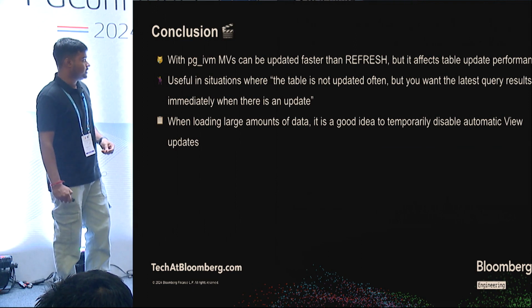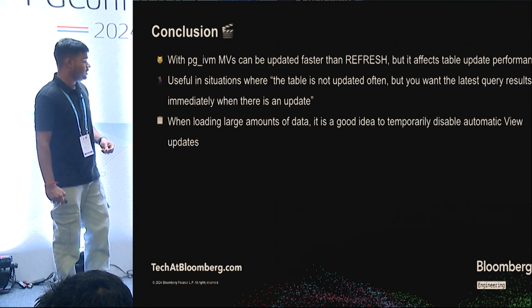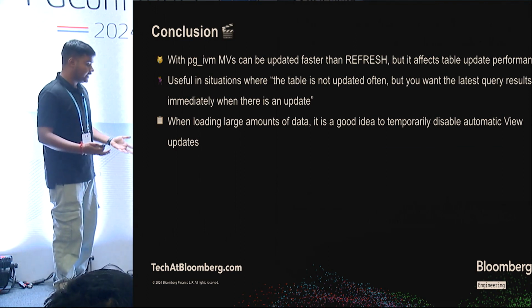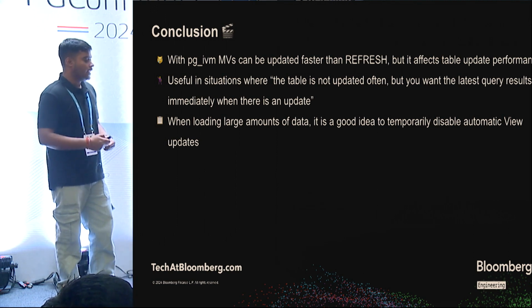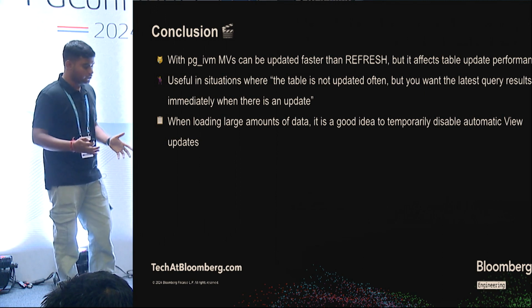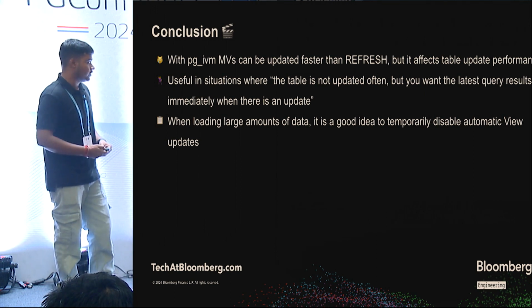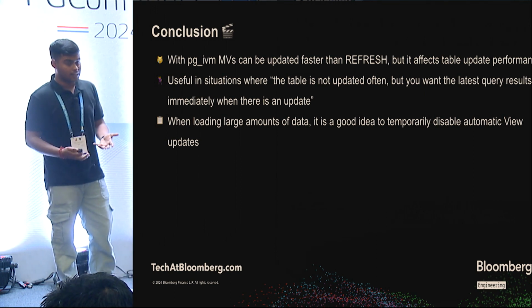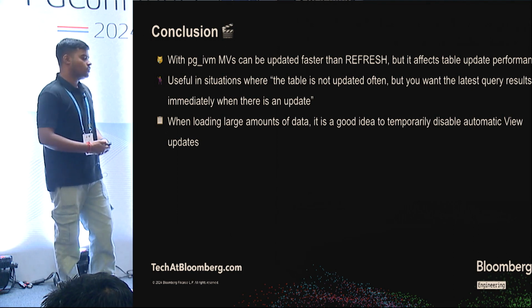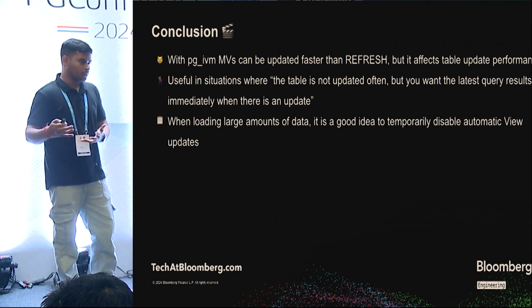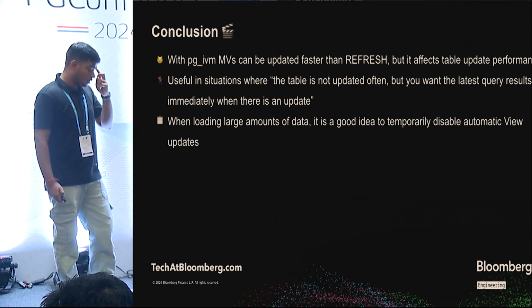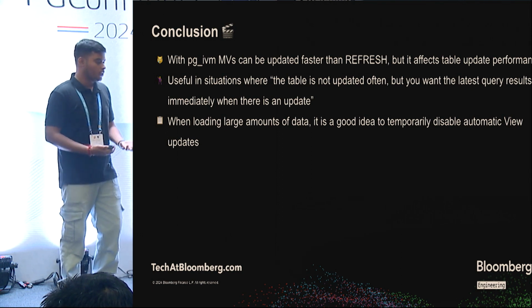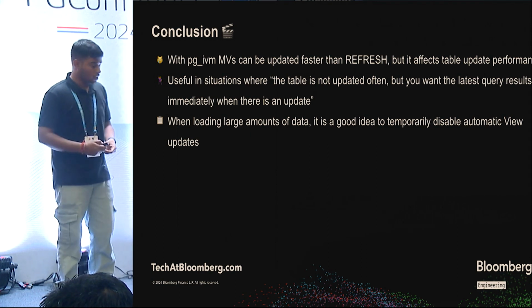PGIVM is a great extension to use, but it comes with great drawbacks. I guess the most suitable situation where we should use PGIVM is when our table is not updated that often, but we want the latest updated state in our materialized view. Apart from that, another use case can be if we are doing a lot of updates in our base table.